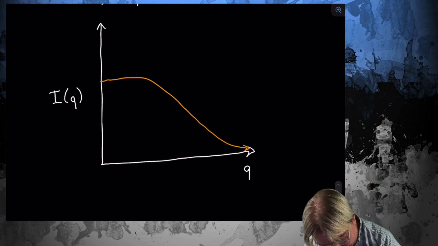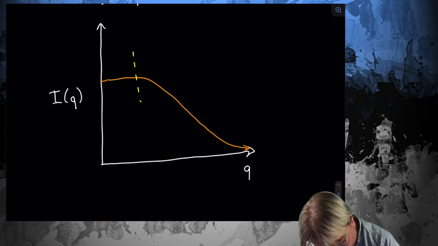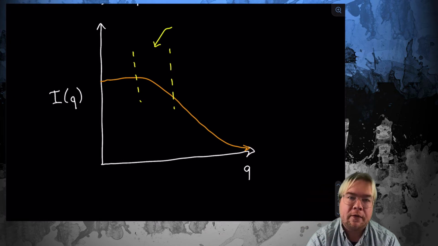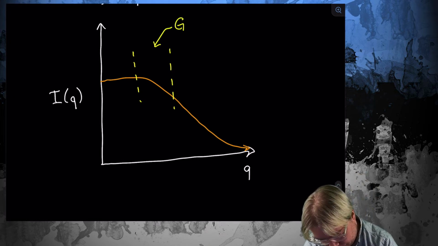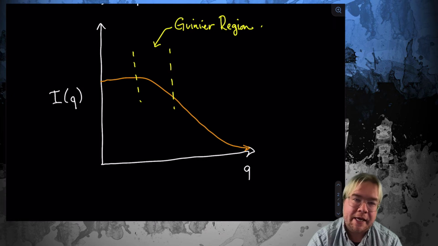Remember that, roughly speaking, this region is what we call the Guinier region. So I can make a Guinier plot and I can fit it. Remember that that will be linear and I can get the RG from that.